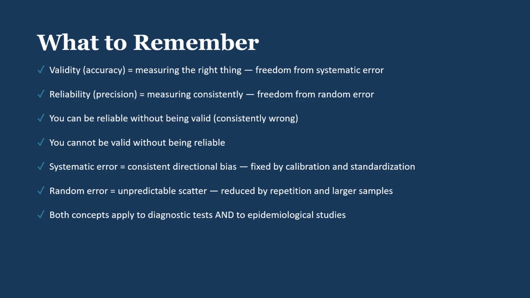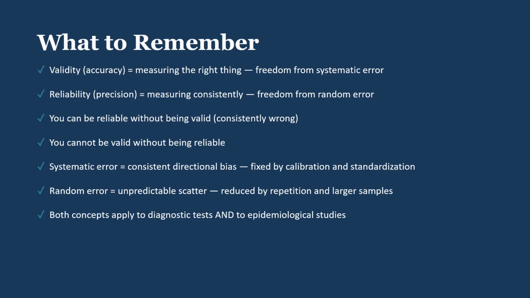Systematic error pulls measurements in one direction and is fixed by calibration and standardization. Random error scatters measurements in all directions and is reduced by repetition and larger samples. Both of these concepts apply equally to diagnostic tests and to epidemiological research, which is why they appear at the very foundation of this curriculum.